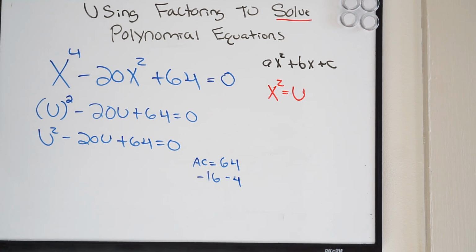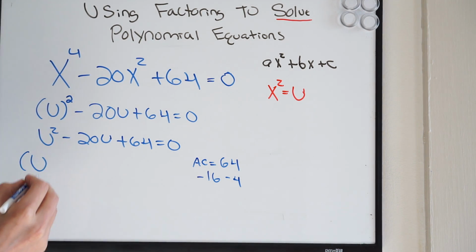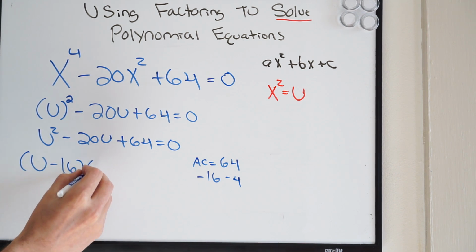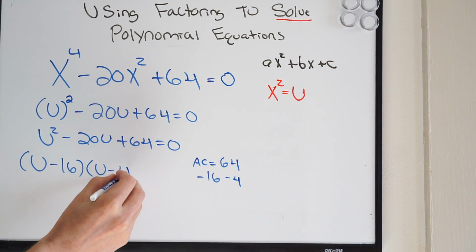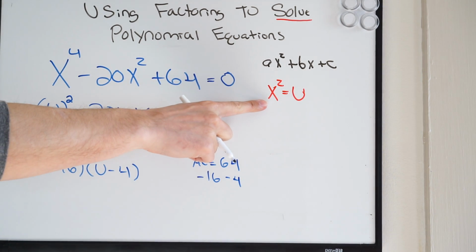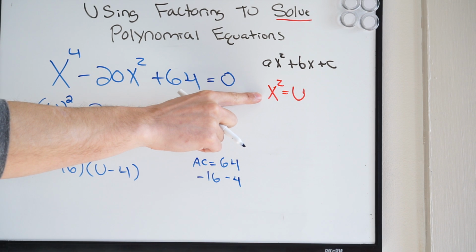So let's go ahead and rewrite this now. And remember, my a value here is equal to 1, so I can put it right in the factored form. So I'm going to have u minus 16 and u minus 4. Now at this point, go back to what we wrote up here. We said that x squared is equal to u.